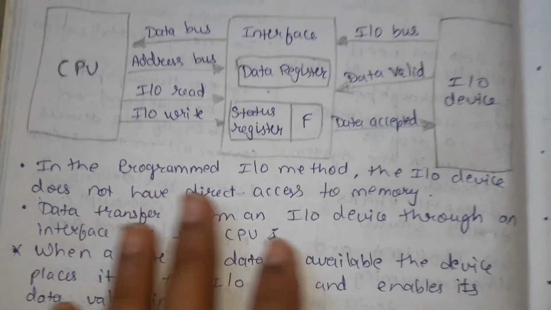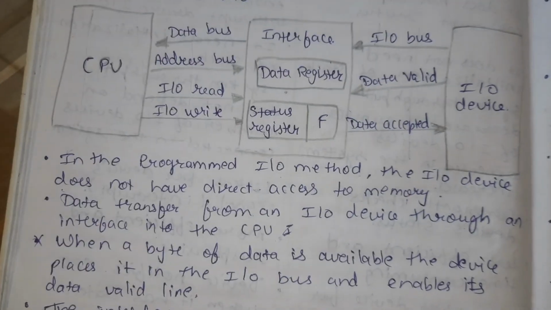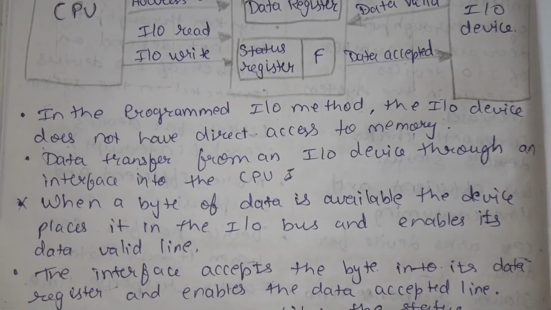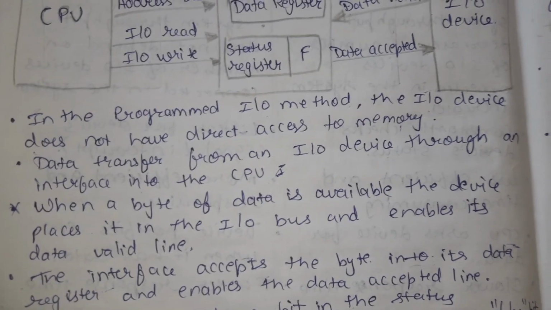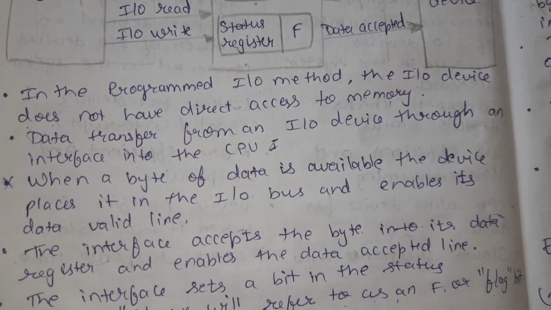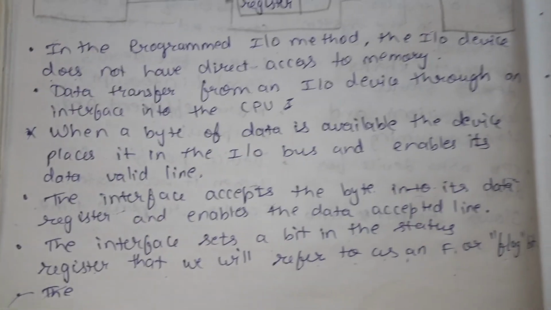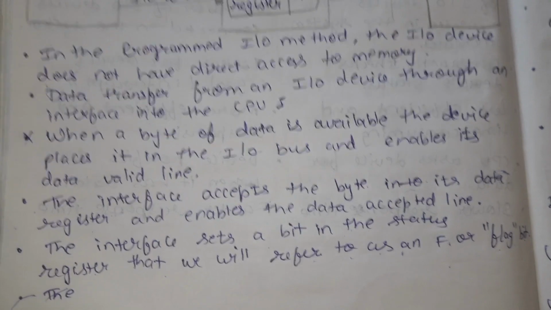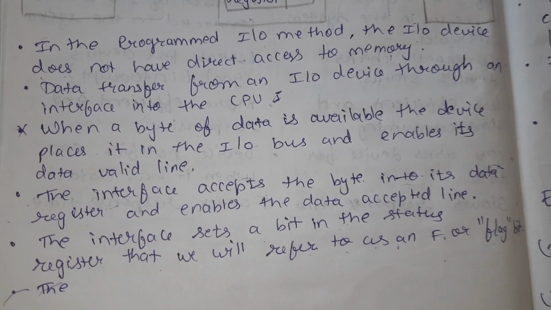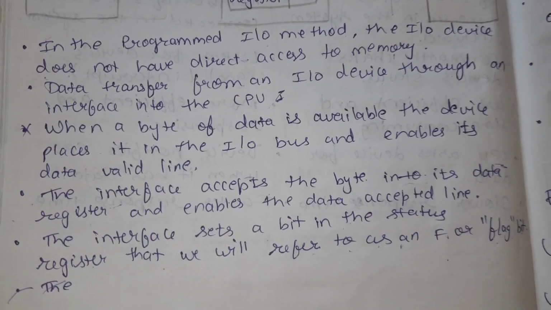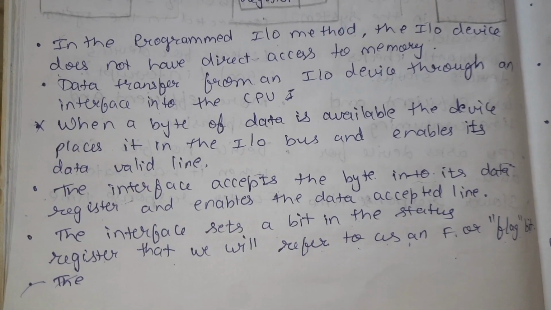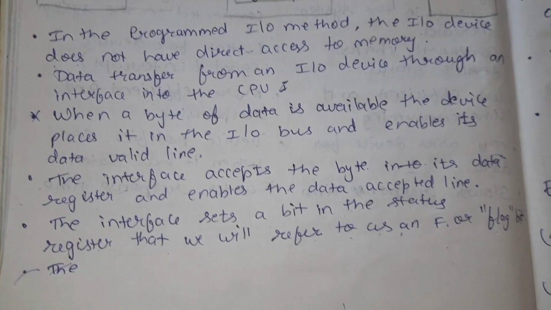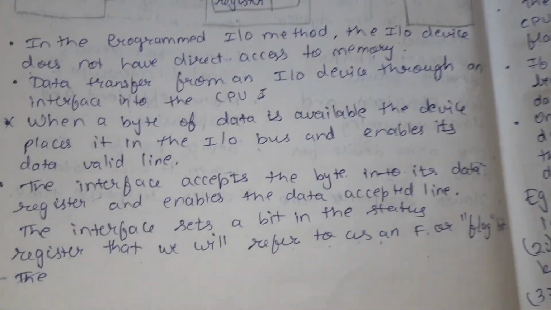In the programmed input output method, the input output device does not have any direct access to memory. Data transfer from the input output device goes through an interface into the CPU. The interface expects the byte into its data register and enables the data expected line. The interface sets a bit in the status register that we will refer to as the flag or flag bit.